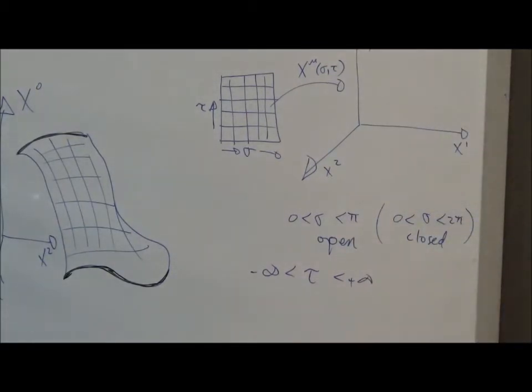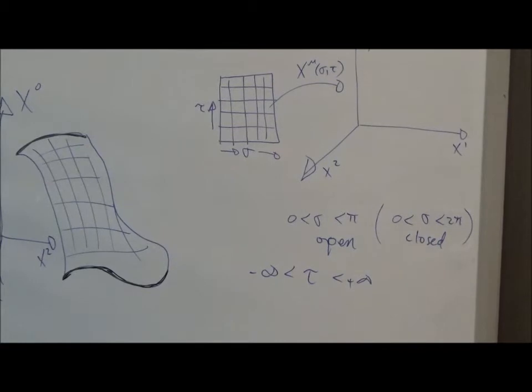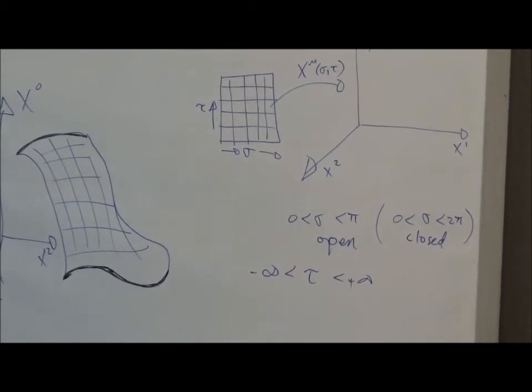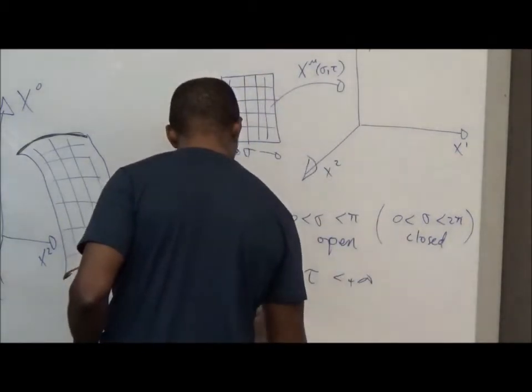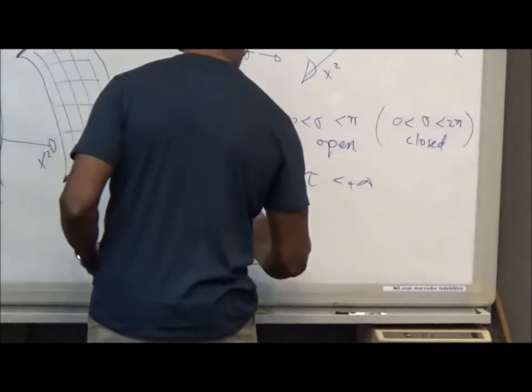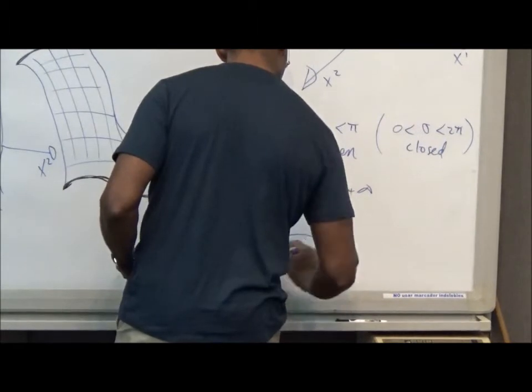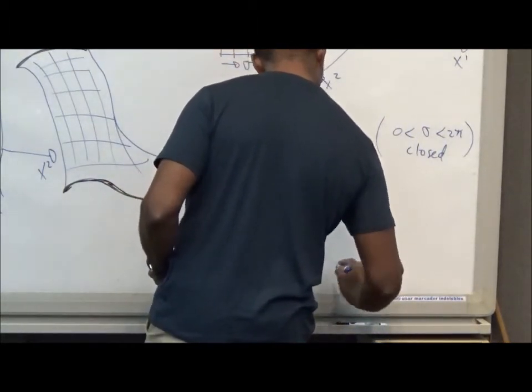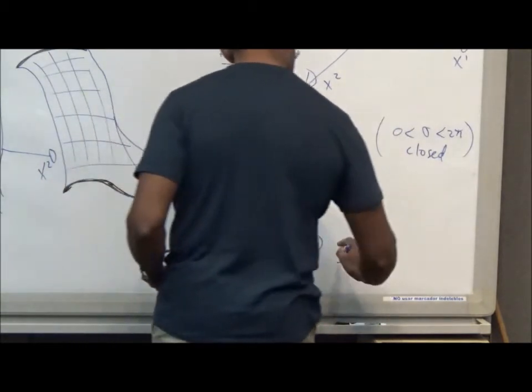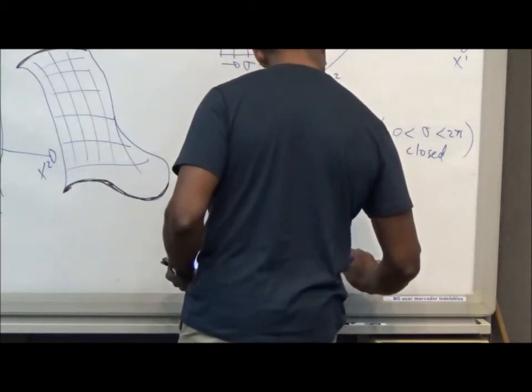Once I get to here, I've made a number of choices. First of all, I've used what you probably used, a map from the plane to the cylinder. Not the cylinder, excuse me a moment.